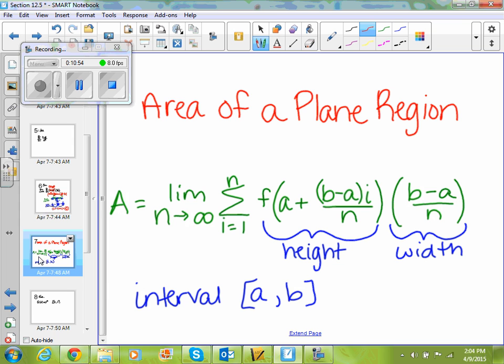Okay. And so we use limits to actually find areas underneath curves. In calculus, they'll call it integration. Here we just call it the area of a plane region.